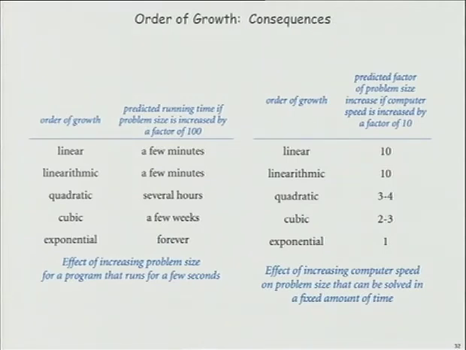If it took 5 seconds to solve a problem on a computer, how many times can I make this problem bigger if I use a computer that's 10 times faster? In the case of linear time, it will be 10 times larger. Linear arithmetic time, also about 10 times. Quadratic, it's 3 to 4 times. Cubic, 2 to 3 times. And look here. Even if I give you a computer that's 10 times faster, the exponential problem, you cannot make it larger. It will just still be the same one. That factor is still just 1.